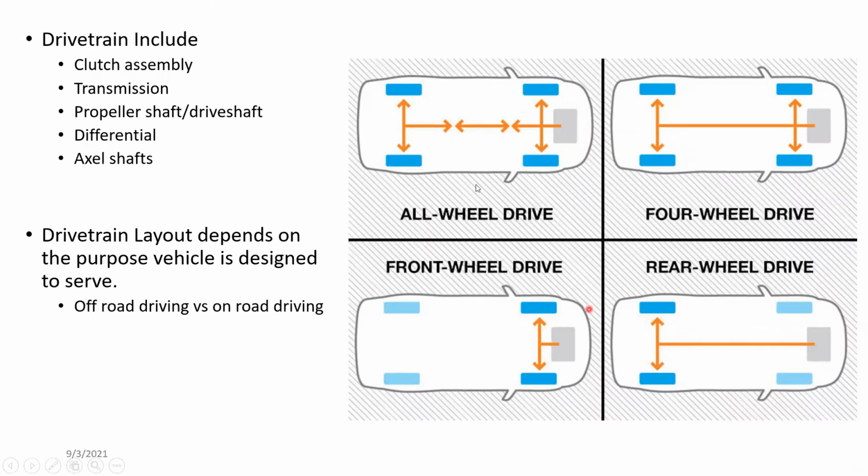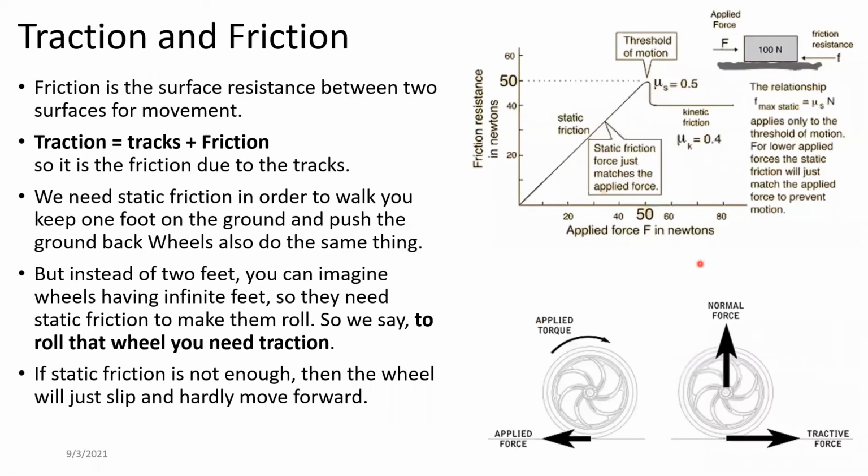When it comes to these wheels and how the power is transmitted, there's another part we need to discuss. That's traction and friction. This part is very important. The theory behind any vehicle is this: in order to keep the vehicle under control and stable, you only need to do one thing.